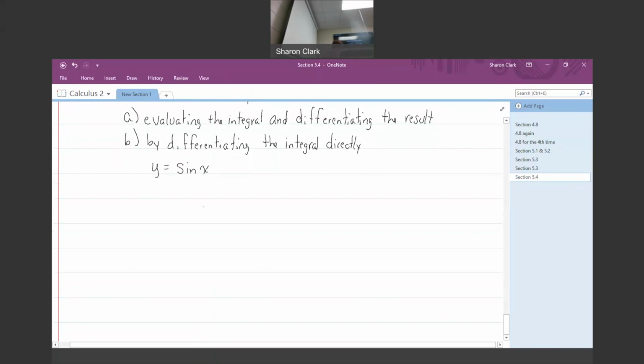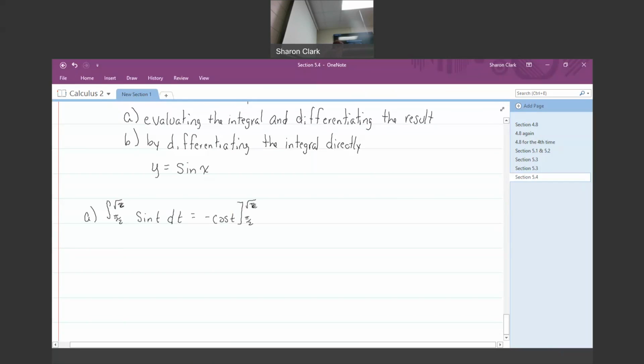So A, we're going to go from pi over 2 to the square root of x of sine t dt. So we do the antiderivative of sine t, and that's going to be negative cosine t from pi over 2 to the square root of x.